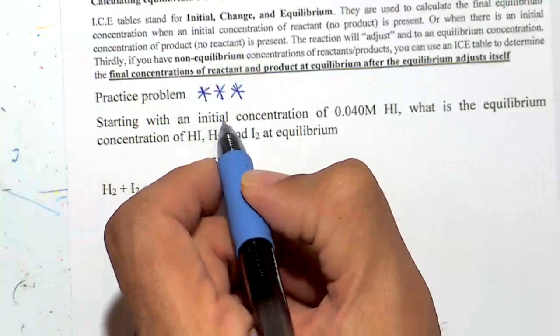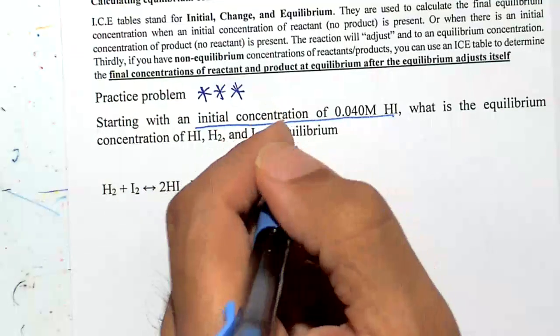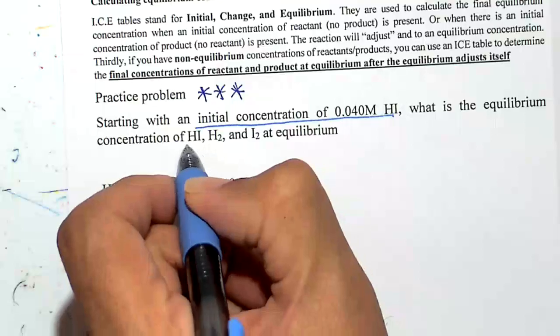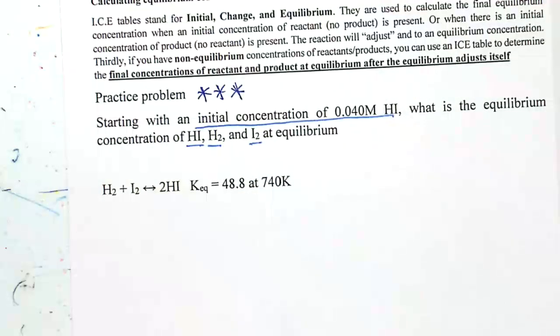Starting with an initial concentration of 0.040 molar, what is the equilibrium concentration of HI, H2, and I2 at equilibrium?